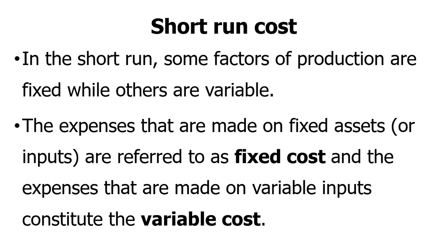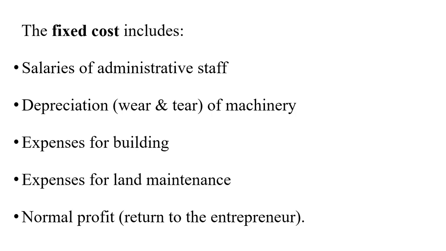Now, the cost that is incurred on the use of the fixed input is called fixed cost, while the cost that is incurred on the variable input is known as the variable cost. So the sum of the fixed cost and the variable cost constitutes the total cost of production.